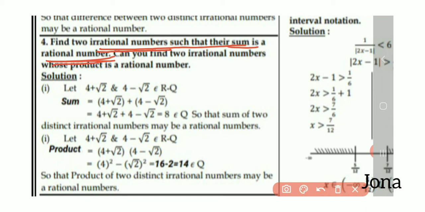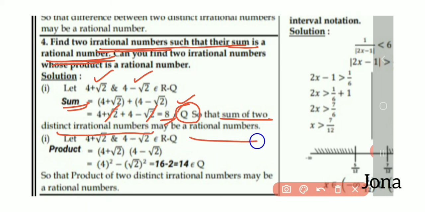I want to take two irrational numbers as 4 plus root 2 and 4 minus root 2. The sum of these two numbers, 4 plus root 2 plus 4 minus root 2. I can cancel this root 2 and root 2, so that the answer is 8. That 8 is the rational number. Therefore, the sum of two distinct irrational numbers may be a rational number.